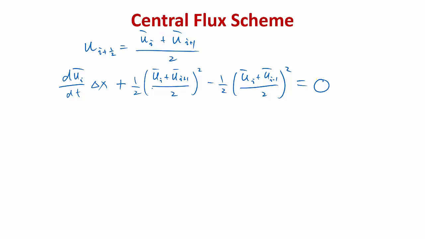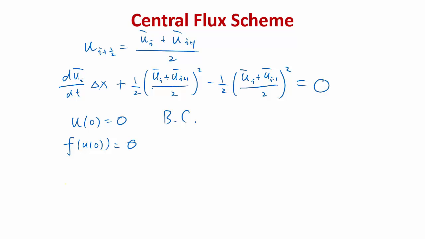Now you get a system of equations to solve. For very different i's, the time derivative can be represented as a function of the vector of all u_i's. How about boundary conditions? That's easy, because if you know u at 0 is equal to 0, for example, as the boundary condition, you know that f of u at 0 is equal to 0.